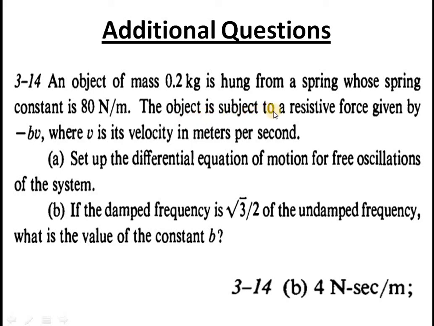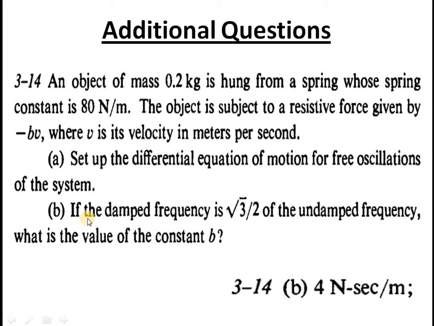The object is subjected to a resistive force given by minus bV, where V is the velocity in meters per second. Set up the differential equation of motion for free oscillations of the system. You know the standard form of the second order differential equation for a damped oscillator. You can extract the values of many constants from the given values, then write the standard differential equation.